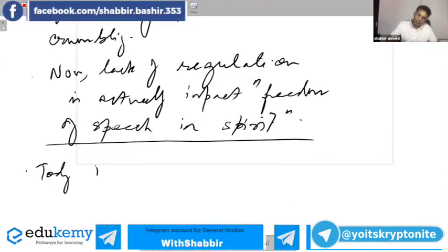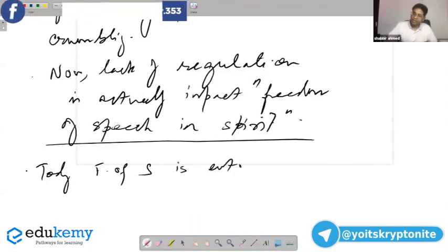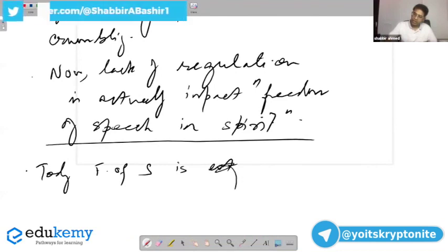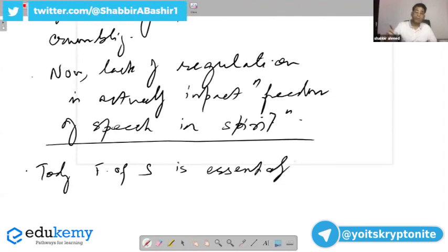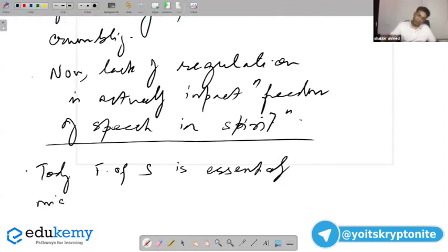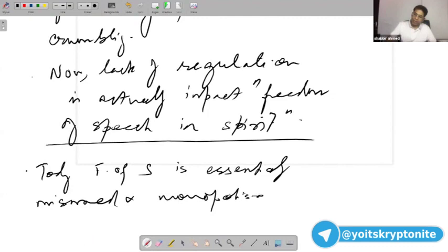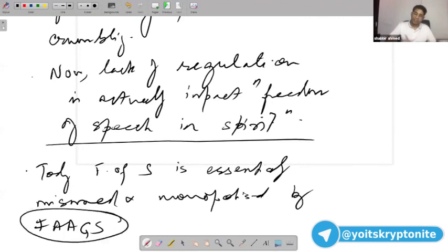Today, freedom of speech is essentially misused and monopolized by FANGs.